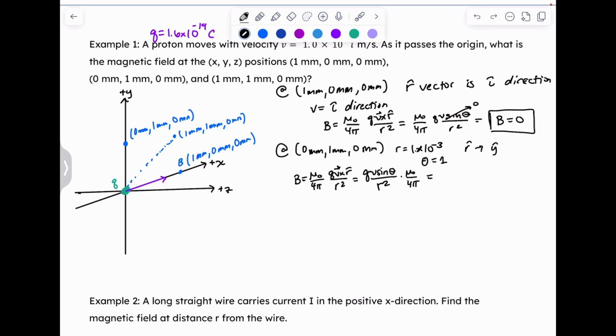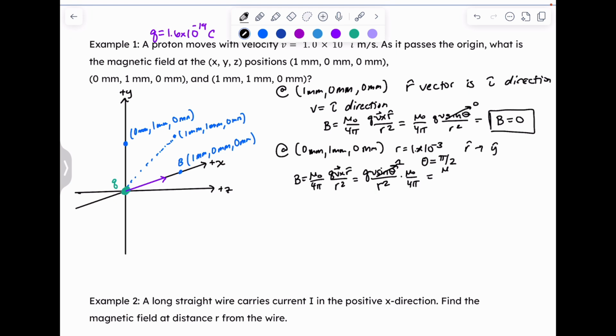Theta is 90 degrees, an angle of pi over 2. That gives us sine theta equals 1.